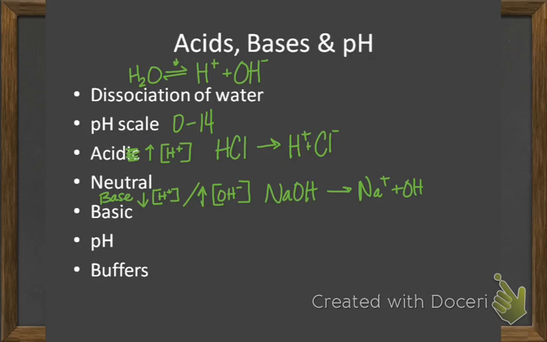Now, if something is acidic, like what I changed up here, it means it has a pH between 0 and we'll say 6. And basic has a pH of 8 to 14, with neutral being 7.